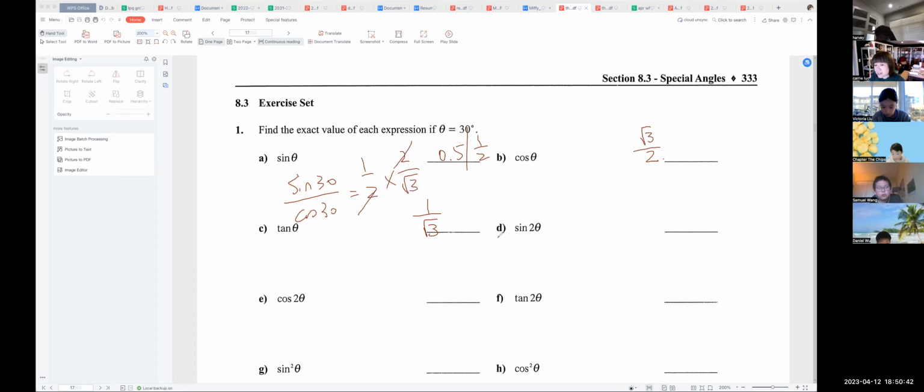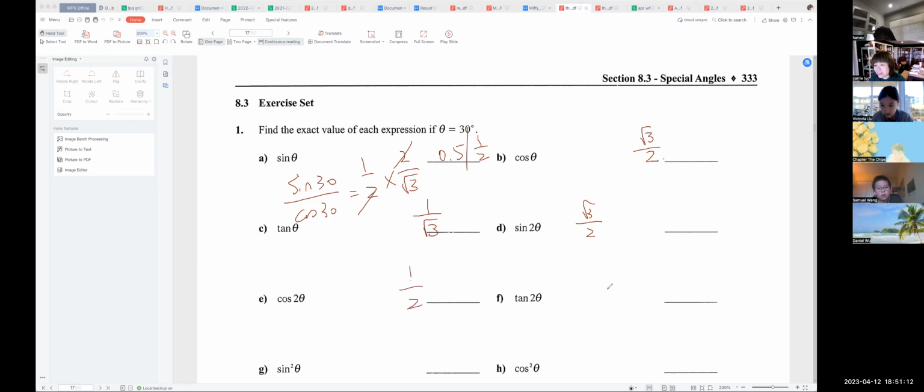Next, Daniel Wu, sine 2 theta equals what? Square root 3 over 2. Okay, next one, cosine 2 theta. Half, 1/2.